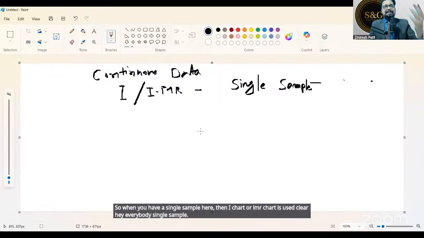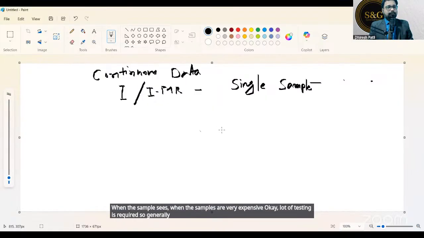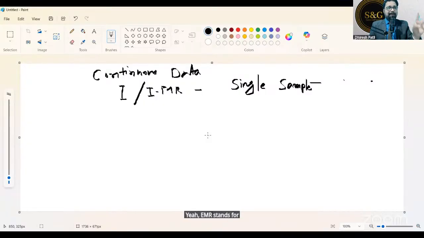When the samples are very expensive, and a lot of testing is required, generally we take a single sample. Anybody in the room using a single sampling strategy? Only one sample you are taking after some interval. Just give me yes in the chat box. Yes, MR stands for moving range. I'll explain it once we do this data.